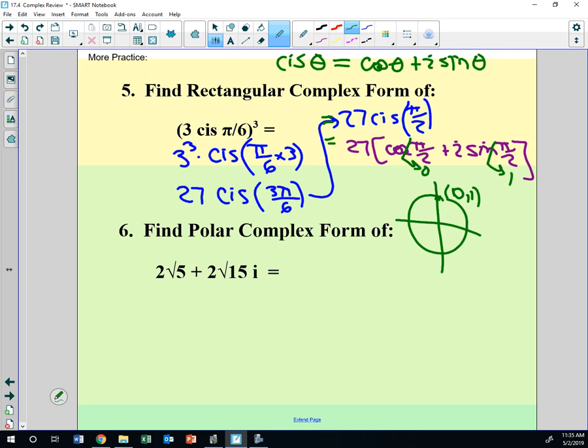We're used to the sine being 0, but that's at 0, not at pi over 2. So then this turns into 27, 0 plus what? i. How many got 27i? That's nice, yeah. Question on that?